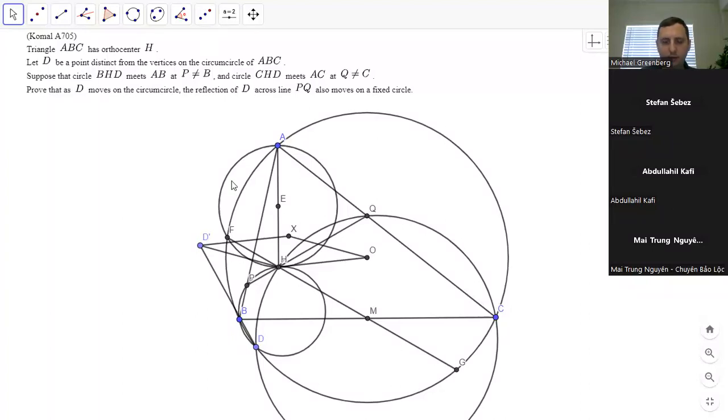OX is parallel to HD prime. HD prime and DH reflect over PQ. So yeah, okay, so we can calculate that using just angles. And then ODH.